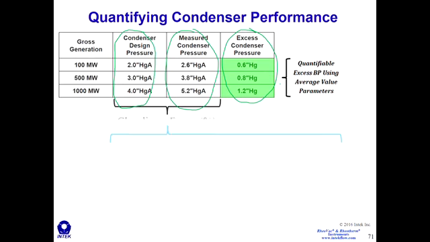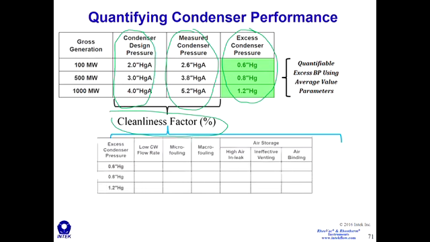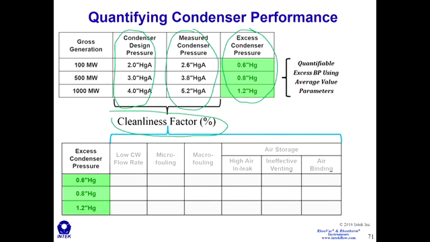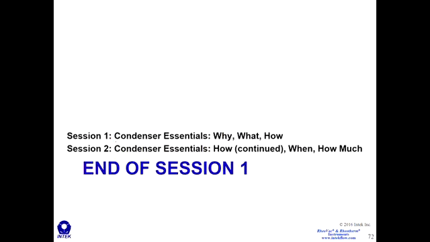And you can use all of this to calculate a cleanliness factor. But that cleanliness factor is a misnomer because there's many things that can contribute to reduced condenser pressure and reduced performance. And so tomorrow we'll talk about methods to take a look at each one of these degradation mechanisms individually. And that's the end of the session today.